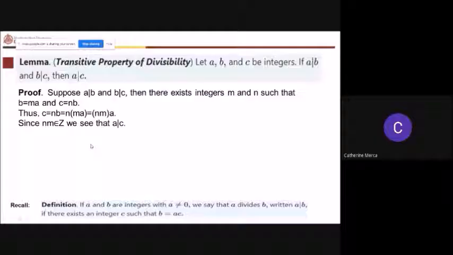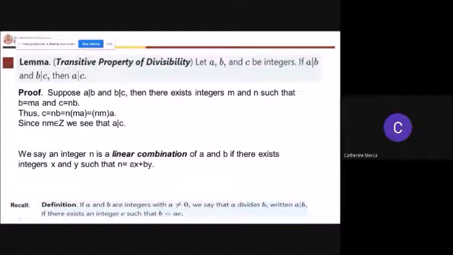So we say an integer n is a linear combination of a and b if we have the following: n equals ax plus by. You can actually rewrite it in such a manner: n equals ax plus by, where x and y are integers.